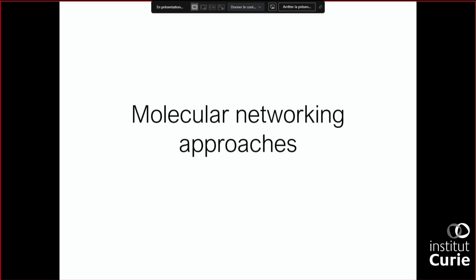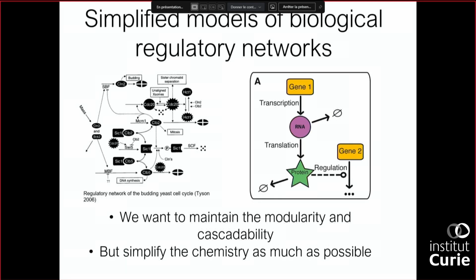Okay, so about molecular networks. A number of groups have thought about developing ways to create artificial molecular networks. And the idea is that we get inspiration from what happens in a cell.